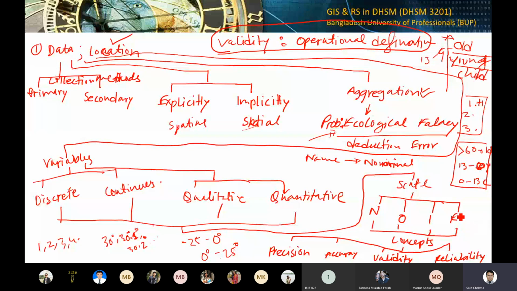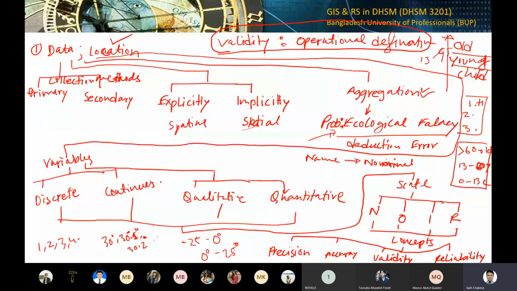So age has 0. 0 means the day you were born, when the counting of your age started. So 0 means you are not born. So 1 means now you are 1 day old, and 2 days old, 30 years old, and so on.